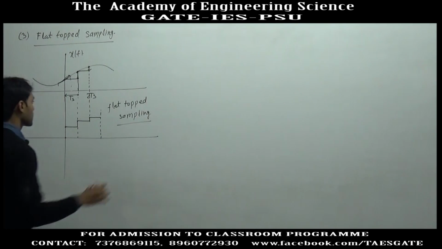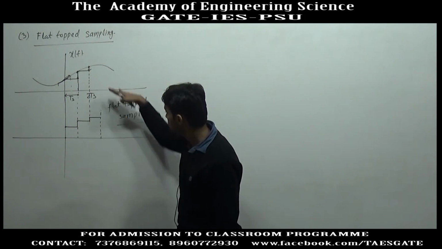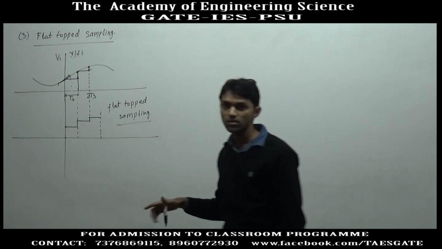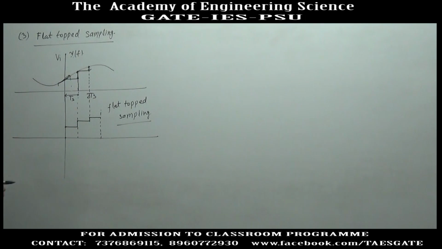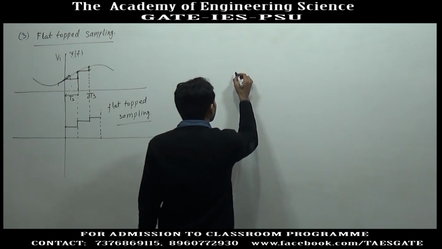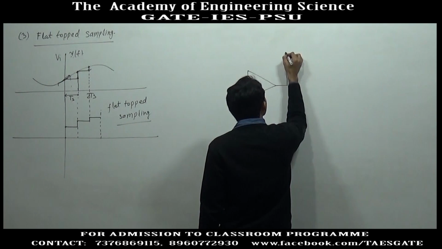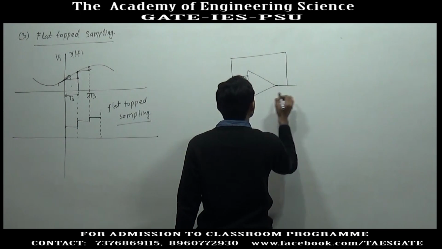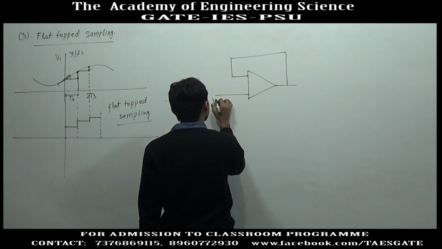I am first making the circuit, in the circuit diagram or practically, showing how this signal can be obtained from this. This is, suppose, the input voltage and we have to get this type of signal. So, I am first drawing the circuit, and then we will try to obtain this signal mathematically from x(t). We will take a negative feedback amplifier, this is called a buffer circuit, and suppose this is the input voltage.